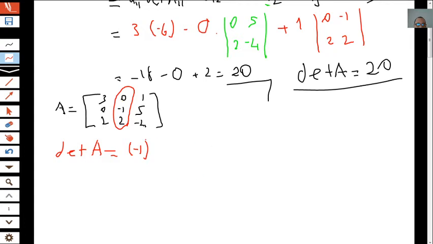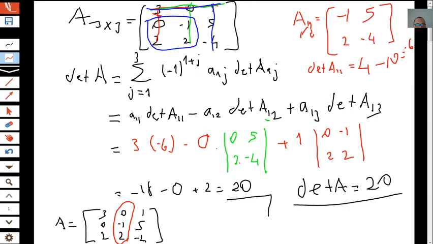Actually we obtain 0 for the first term, but to know the formula very well, let's write everything. -1 to the power, it is in the first row and in the second column, 0 the entry, times the matrix obtained by cancelling the second column and the first row, so we have 0, 5, 2, -4.